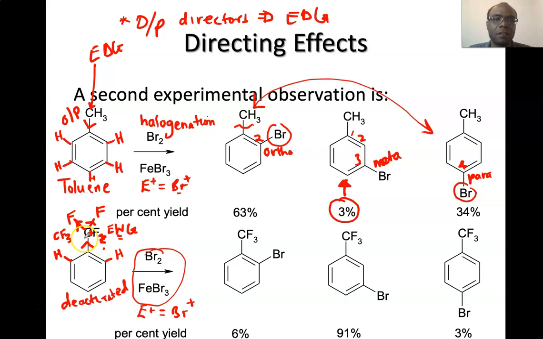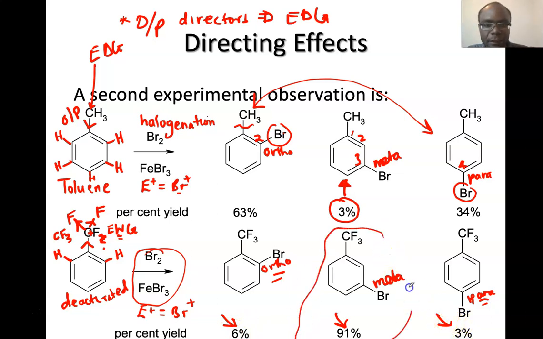It's already there before the reaction. So here, this is ortho, assuming we got an ortho, assuming we got a meta, and assuming we got a para. All these are product mixtures. So focus on the percentage yields. You see the ortho product and the para product are very small, in fact negligible. So in this case, the meta product will be the major product.